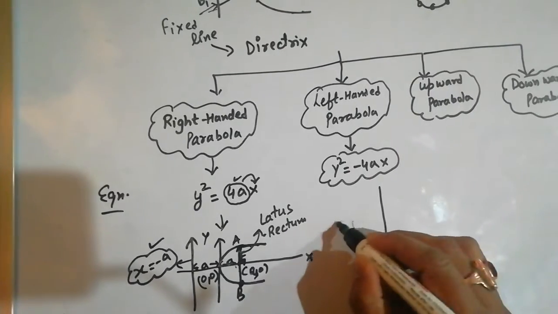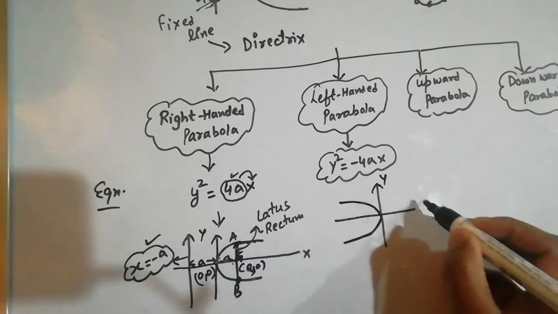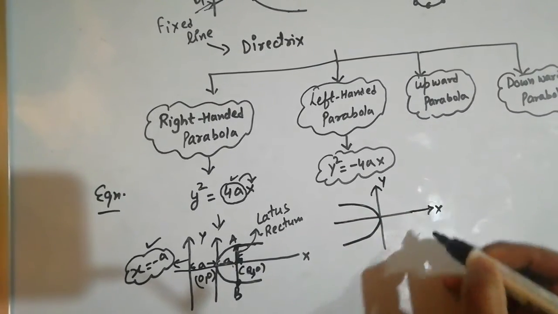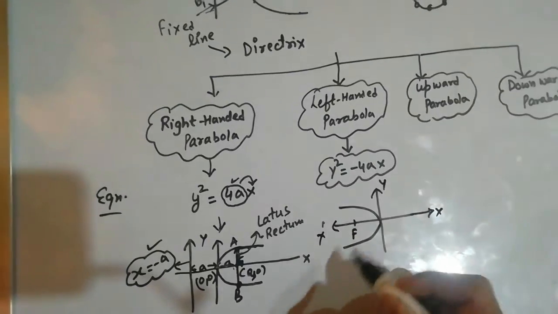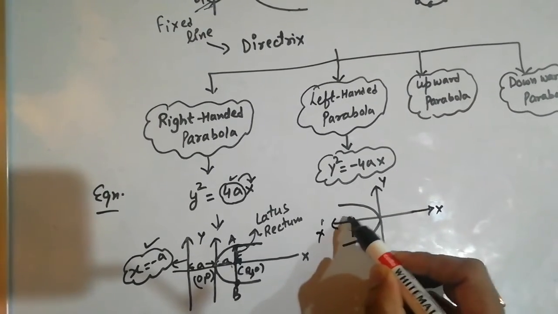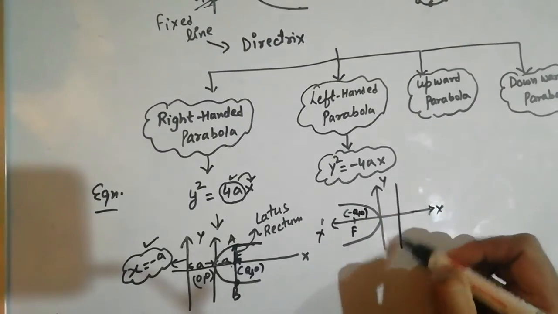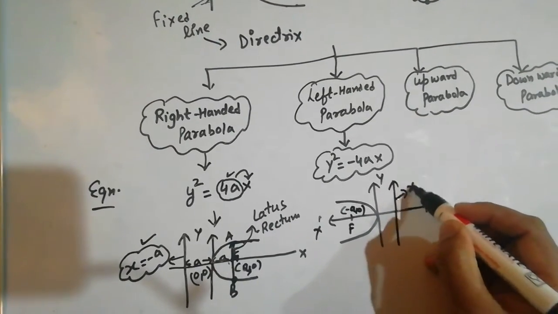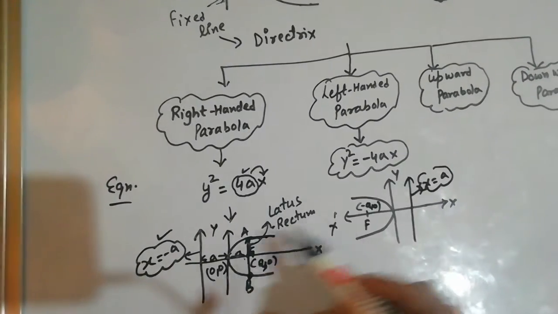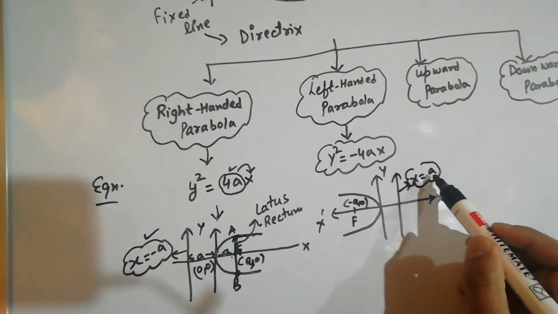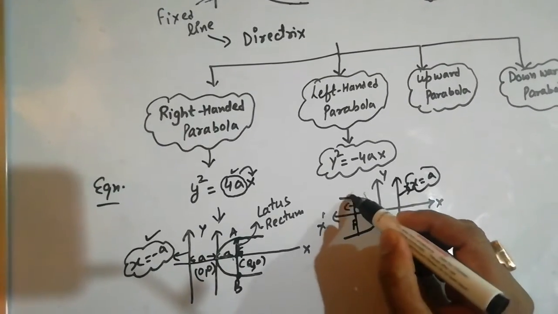So here your parabola looks like this, with this the y-axis and this the negative x-axis. Similarly, the coordinates of the focus are on the left side, (minus a, 0), and the directrix will come this side, so the equation of the directrix becomes x equal to a. See, earlier the directrix was x equal to minus a, and here the equation of the directrix is x equal to a. And this is your latus rectum.